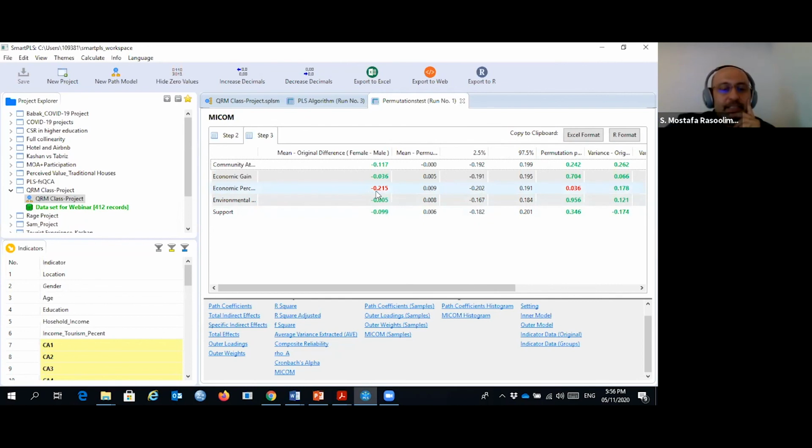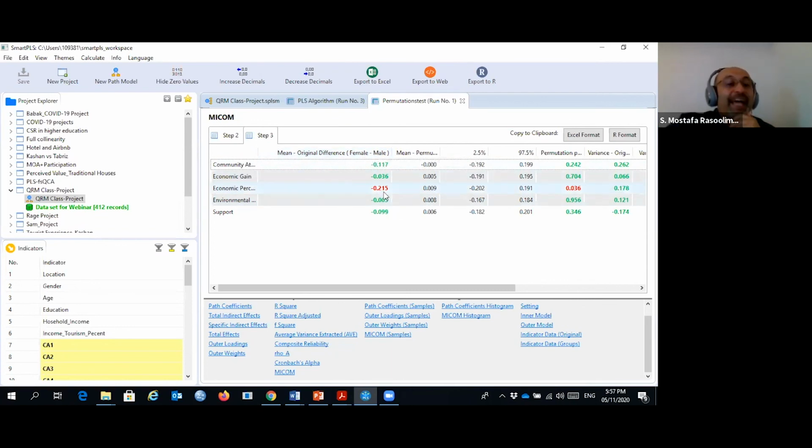Here the difference is minus 0.215. The lower level is minus 0.20, the higher level is 0.191. So this is out of range, and this one is significantly different from 0. In other words, the mean value of perception is significantly different between female and male.